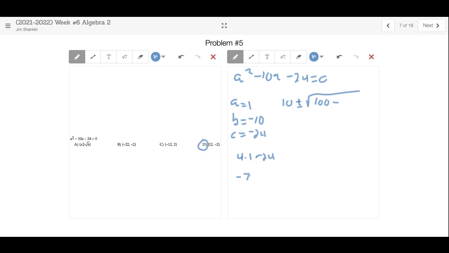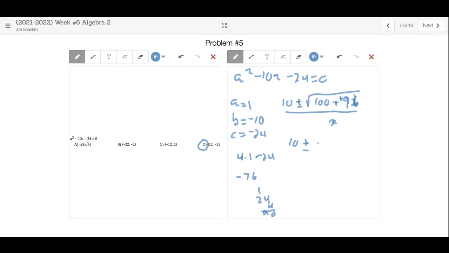76, is that? Negative 76? I think that's right. So I have a minus a negative, which is going to be positive, and I said 76, and I wrote that. All right, so I've got 10 plus or minus 176. That doesn't sound right. That's 96.